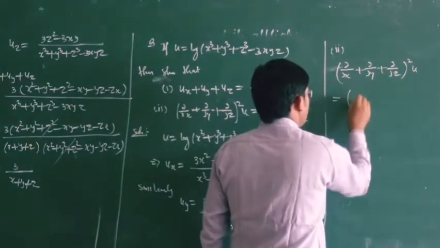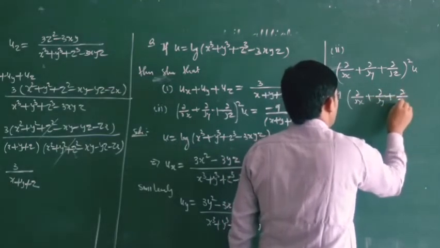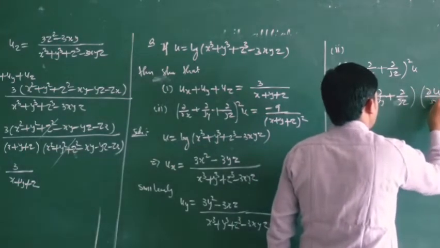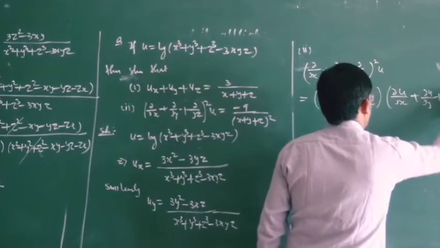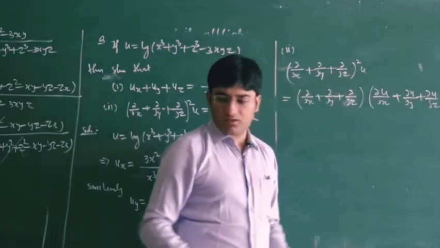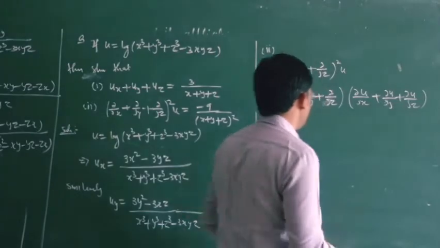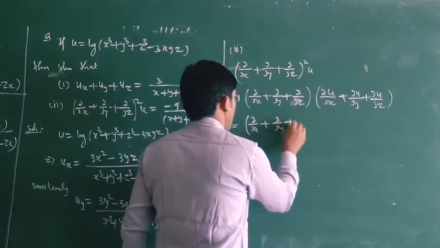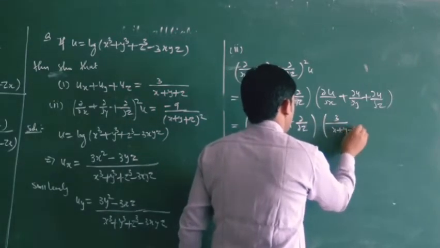We can write it as del upon del x plus del upon del y plus del upon del z, then del upon del x plus del upon del y and del upon del z. That means we can break this square in two parts and then send the right hand side u in the bracket. Now we have the value for this summation, which is equal to 3 upon x plus y plus z.